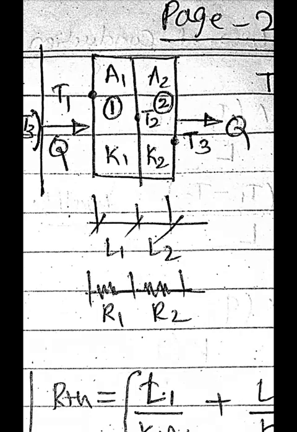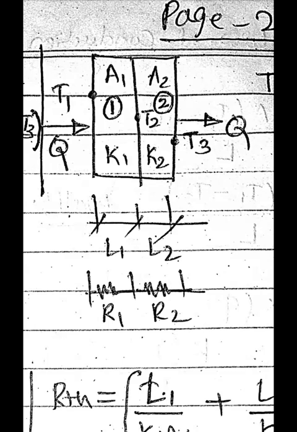We consider that whatever heat enters the first block goes to the second block as well, right? Heat entering the first block is equal to heat entering the second block. So there should not be any heat losses. It is our assumption that no heat losses will take place.